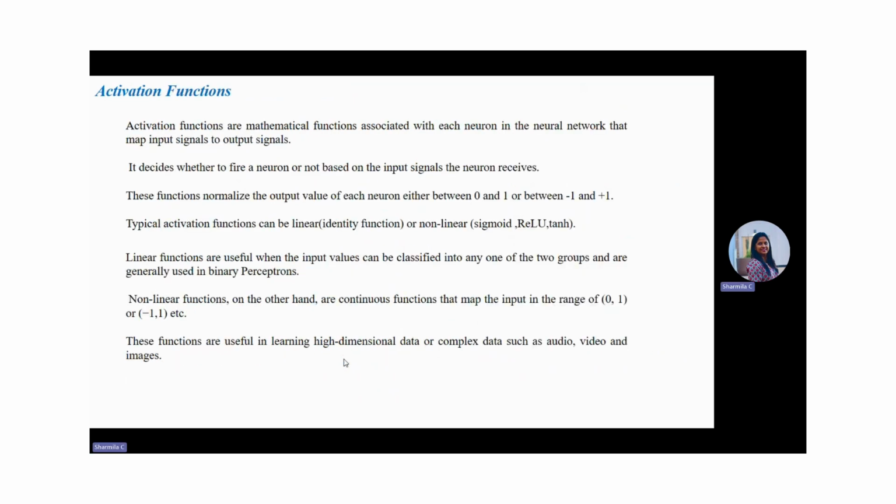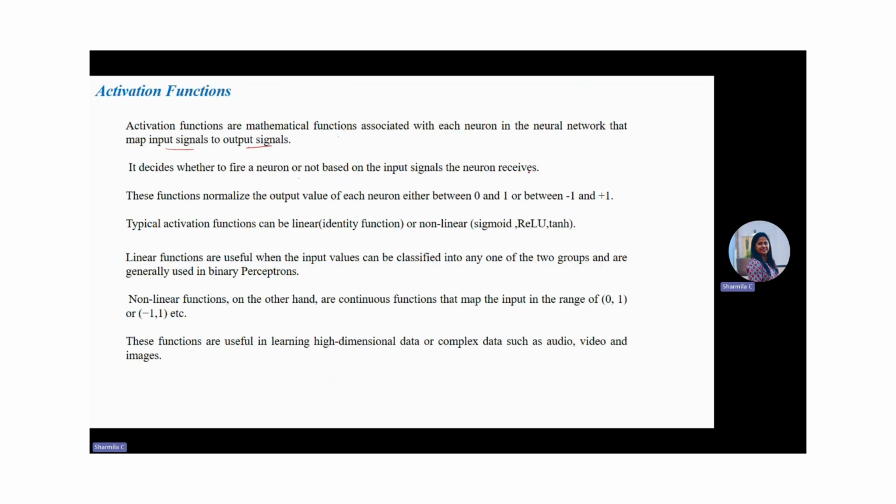Coming to the activation functions. As I told previously, these activation functions are the ones that map the input signal to the output signals. These are mathematical functions associated with each neuron. With each neuron, we have an activation function. It decides whether to fire a neuron or not based on the input signals the neuron receives.